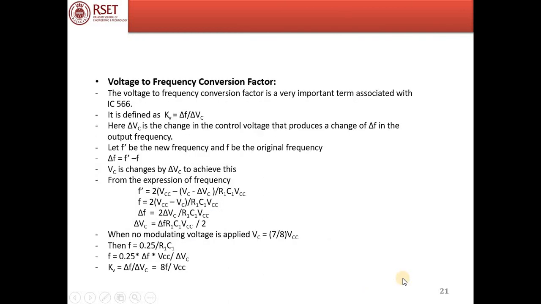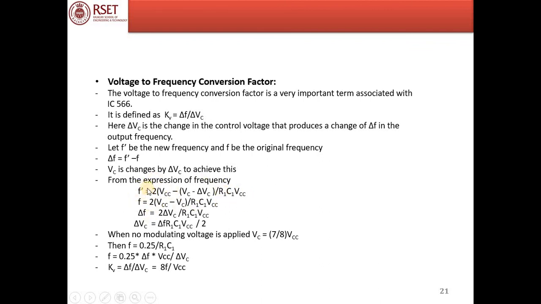We are applying that here. F dash is the frequency when the control voltage is VC minus delta VC. So F dash is equal to 2 into VCC minus VC minus delta VC, the whole divided by R1 C1 VCC. And F is the frequency when the control voltage was VC.